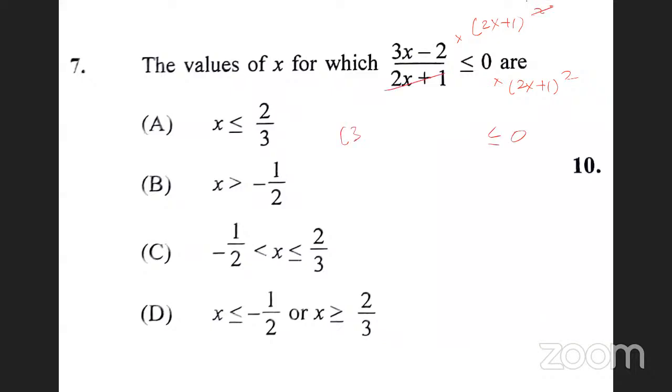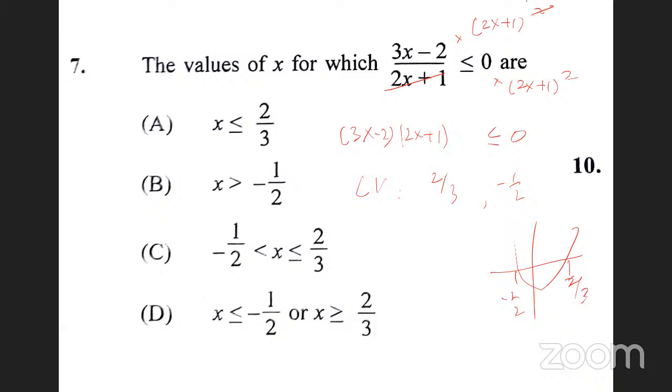So you will get 3x minus 2 by 2x plus 1. You can expand it and then solve it, and you will see the critical values. The critical values are 2/3 and minus a half.